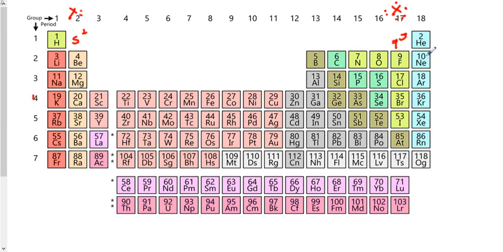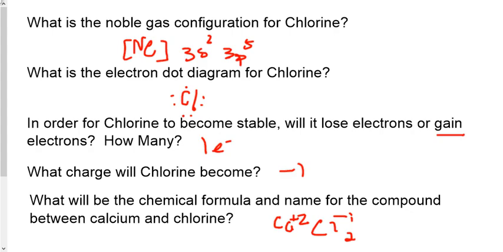That would be neon. So chlorine would be neon 3s2 3p5 for its noble gas configuration, and it's in group 17, which has 7 dots in its outer level.